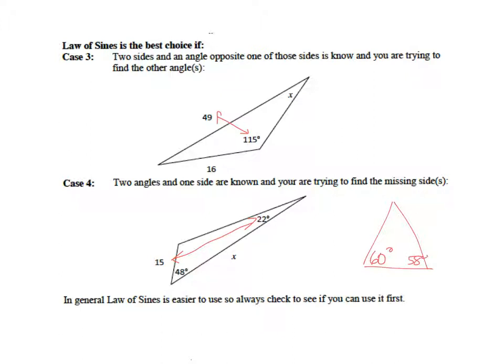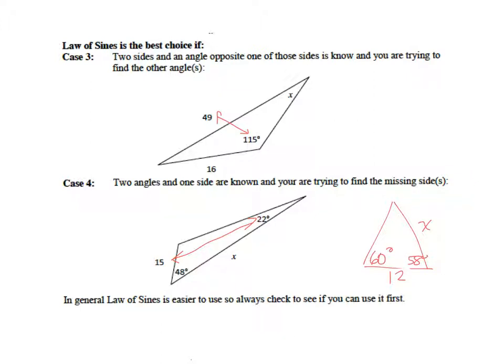And you have this, and you're trying to find this. This one's a little different, but it's still two angles and a side length. It's just not the opposite. You don't have that opposite pair.